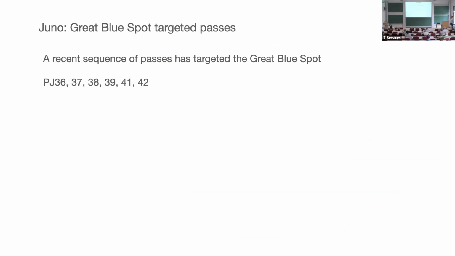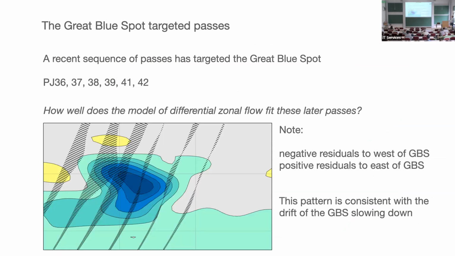Okay, well, finally, I want to talk about some very recent passes of Juno, which have targeted the Great Blue Spot region. These 6 orbits have all been in that one particular region because it's where we see most secular variation. And we ask, how well does that model I produced from the first 32 orbits fit these more recent orbits that are targeting this one particular region?